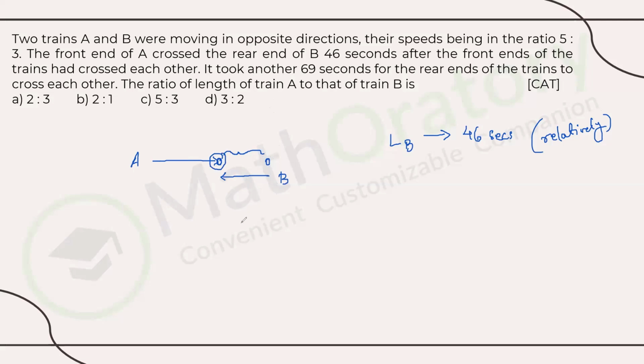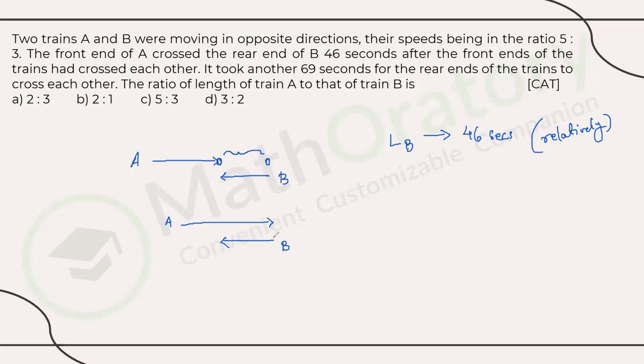So let's draw a fresh diagram for that. Suppose this is the scenario. It doesn't matter which is longer, it's just hypothetical. This was the ending scenario of the previous sentence, where the front end of A was just crossing the rear end of B. Now from here, it took another 69 seconds for the rear ends of the trains to meet or cross each other.